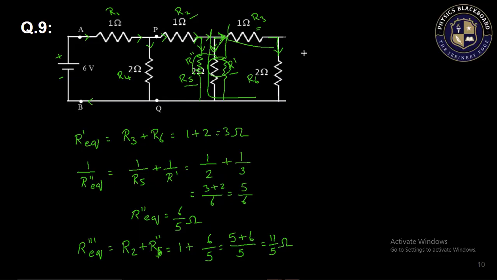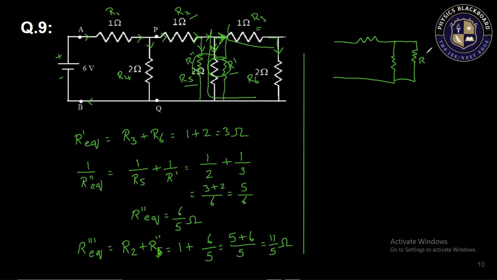Yes. And now, if you take this circuit, I will redraw this. It is so clumsy, right? So now, finally, this R2 and R double dash together, I just took this as R triple dash.